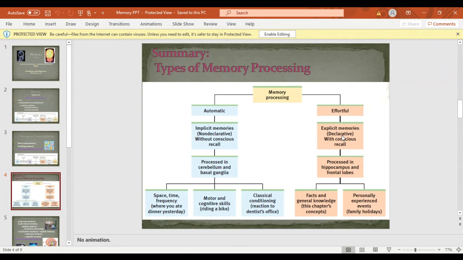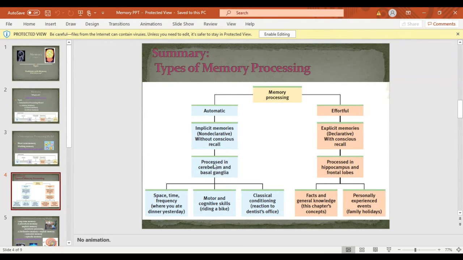And it goes through something called explicit memories, declarative with conscious recall, while the other one was implicit memories, non-declarative. And the effortful memories are processed in the hippocampus and frontal lobes, because if you remember, the frontal lobes deal with the cognitive processes, higher orders of thinking, and it's branched into these two things.